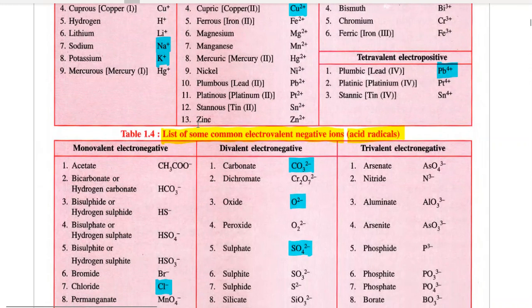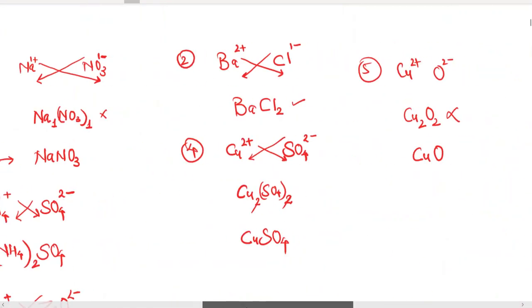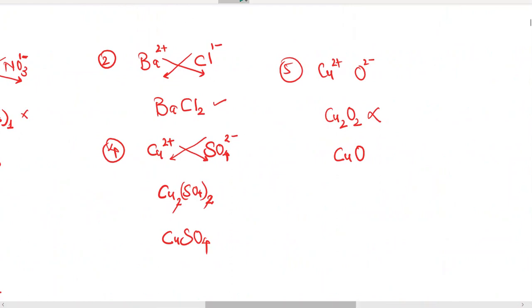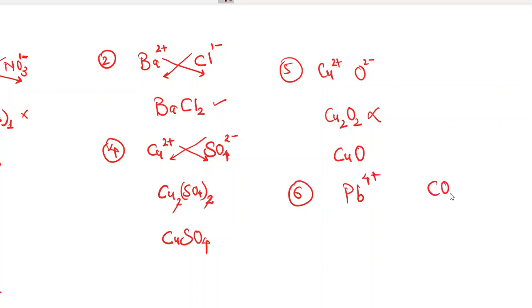Plumbic, we don't say plumbic, we say lead 4. Okay, the new directions of IUPAC say that whenever the valency is variable, you should use Roman numerals to signify the valency. So lead 4 carbonate will be the name of the compound. Let's write it. Lead Pb4 plus, carbonate CO3 2 minus.